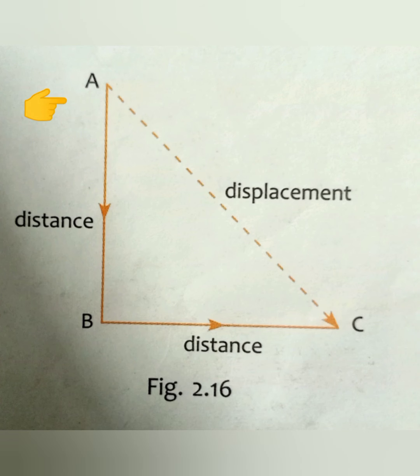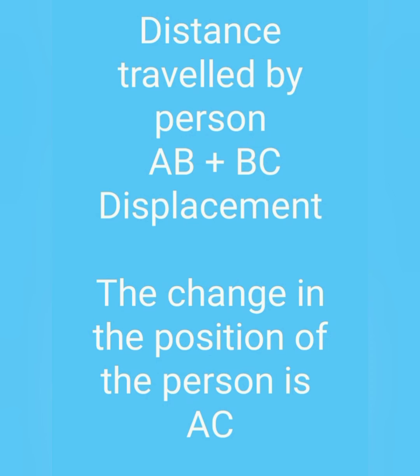A person moves from point A to B and then point B to C. So, the actual distance traveled by the person is the sum of the lengths AB plus BC. Whereas in displacement, the change in the position of the person is AC. The length AC is the displacement from the initial position. Displacement is equal to AC.